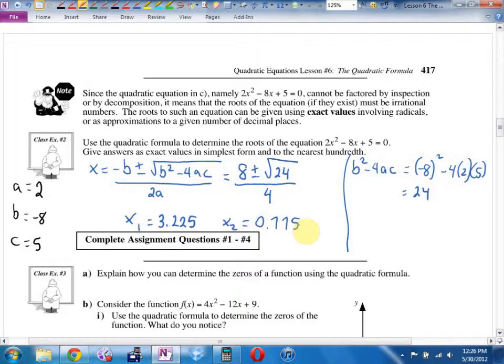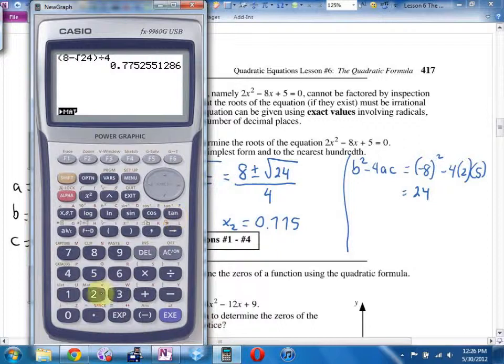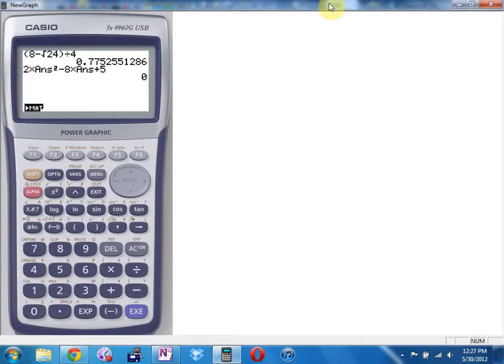I'll even show you that this actually does work. If I go this number 2 times, where's my answer button? That squared minus 8 times that plus 5 right here works out to 0. I don't think you would have found that, Emma, by factoring. In fact, you can't find it by factoring. I'll show you the other one works as well.